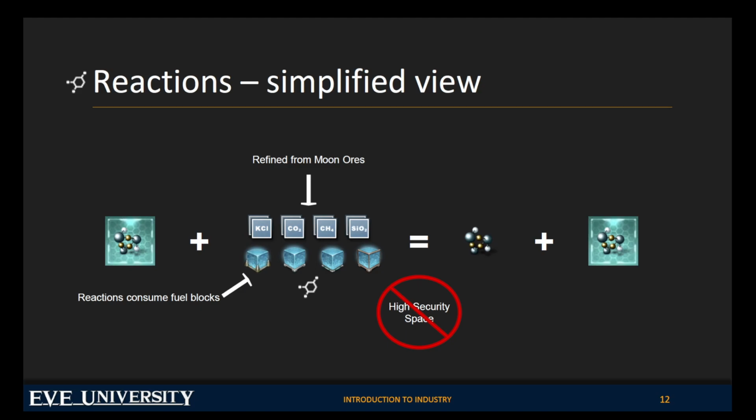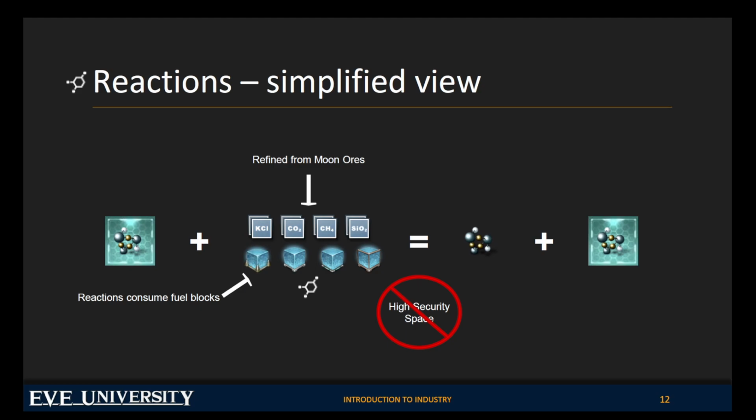So, what reactions are? Reactions are very similar to manufacturing in that you will have a blueprint. You input your materials, then you get the material and the blueprint back. Hooray! Now, a couple of things to be aware of.